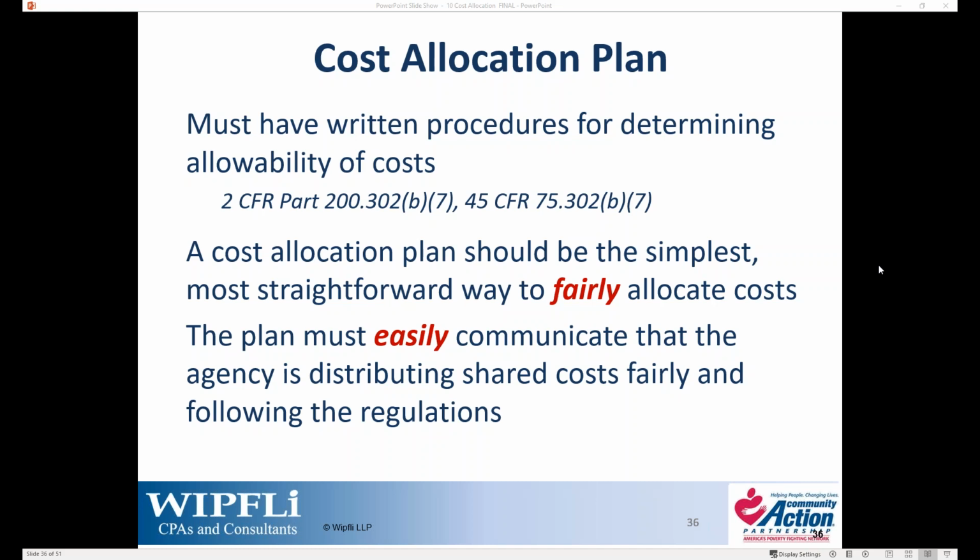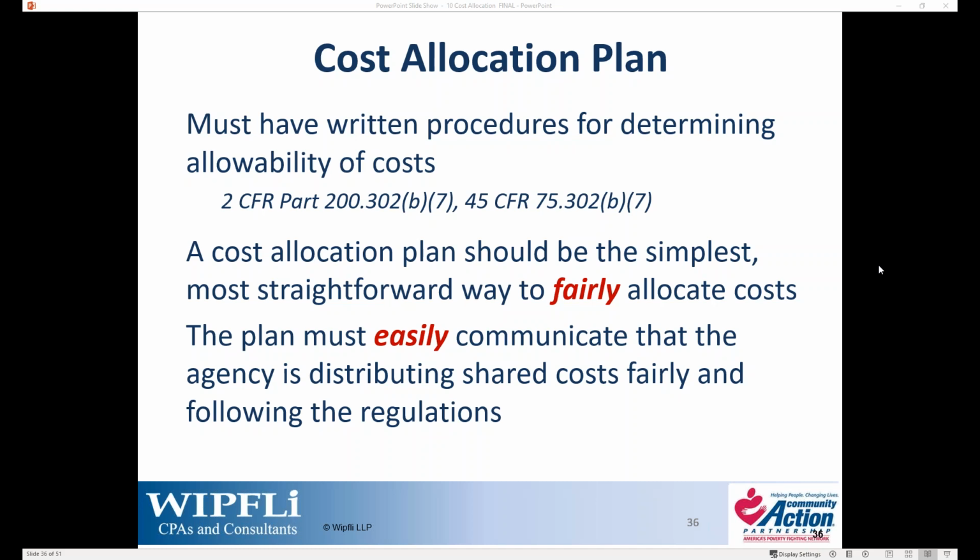Your cost allocation plan should be the simplest, most straightforward way to fairly allocate costs. Don't create convoluted, complex methods that are hard to follow, that take a tremendous amount of time and effort to do the calculation.